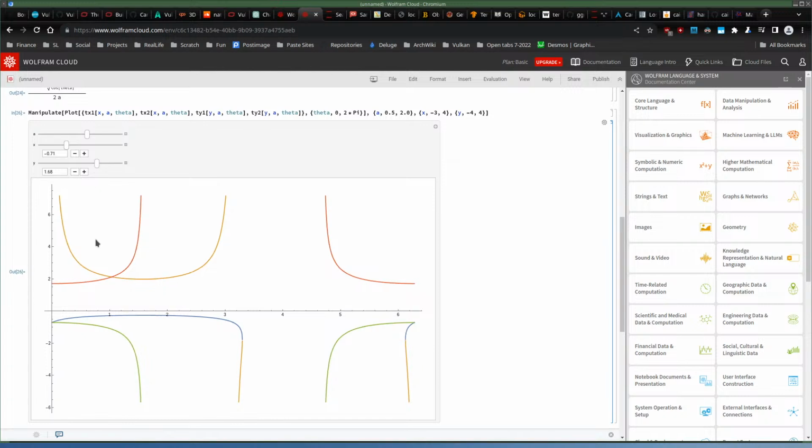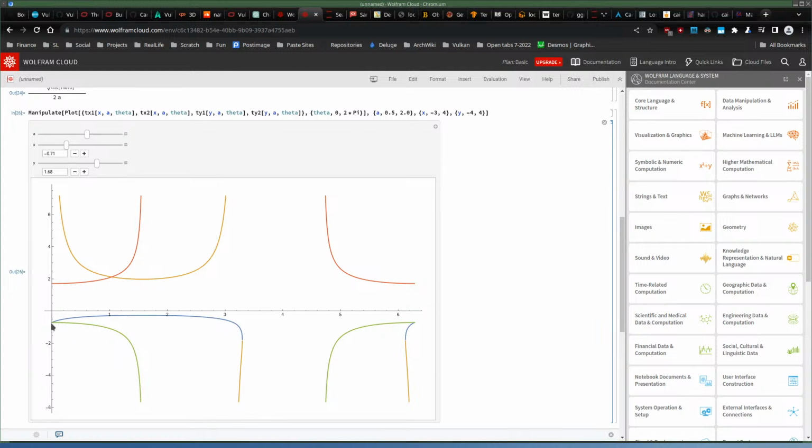So I adjusted it such that at theta 0 or 2 pi, we have the solution. Crossing is now exactly at theta 0. That looks like 1 radian, maybe a little bit more.